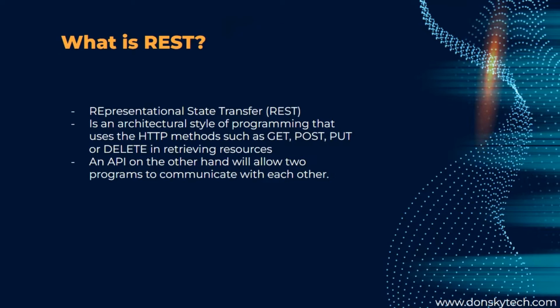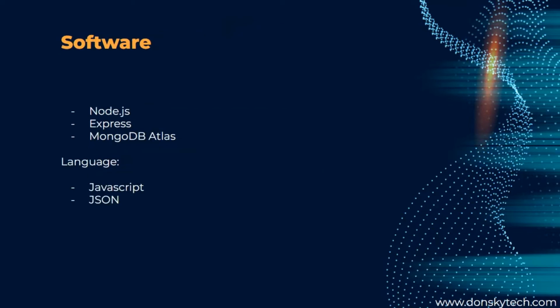So what are the tools needed to build our REST API server? We have the following software: Node.js, Express, MongoDB Atlas, and the languages are JavaScript and JSON. Node.js and Express are popular frameworks in developing applications using JavaScript. MongoDB Atlas is a database as a service and is a popular cloud NoSQL database.